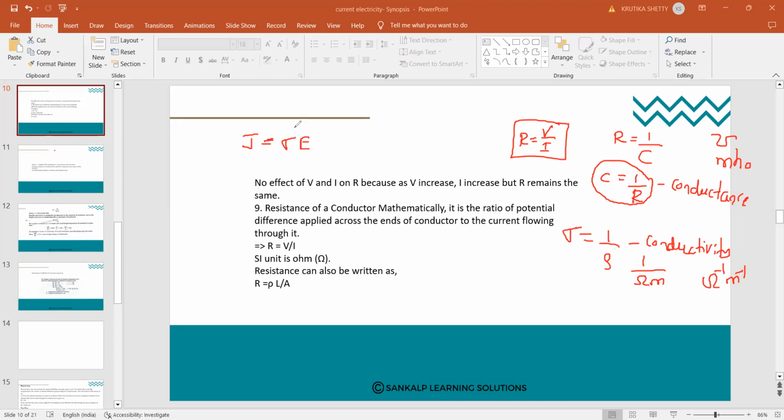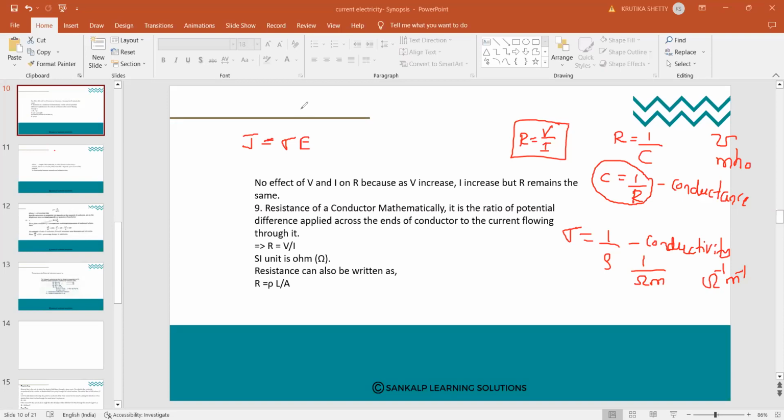So the current density in terms of conductivity is given by sigma into E, where E is the electric field, sigma is the conductivity, J is the current density. So this formula also you can take it down.